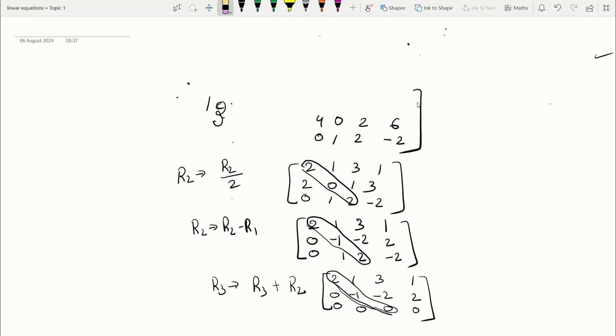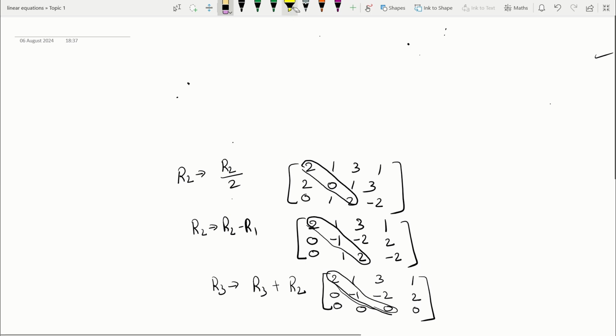2 1 3 1, 0 minus 1 minus 2 2, then R3 plus R2 all will become 0. Correct, na? Now see, this is in echelon form. But we want normal form, na?